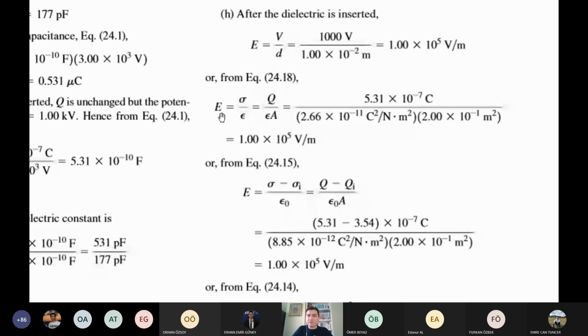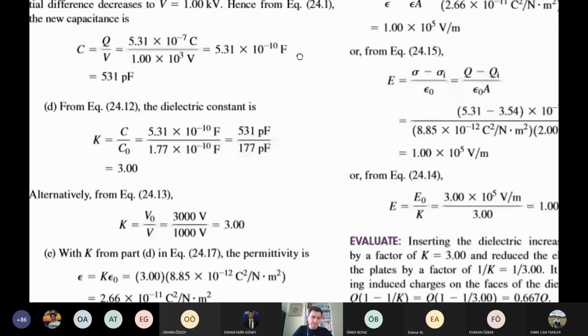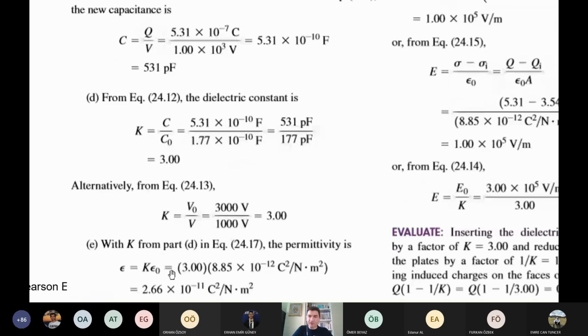E is equal to sigma over epsilon. This is the surface charge density, and this is the permittivity of the dielectric material. We have already calculated this permittivity of the dielectric material. Where is it? Here. Just put the numbers here.